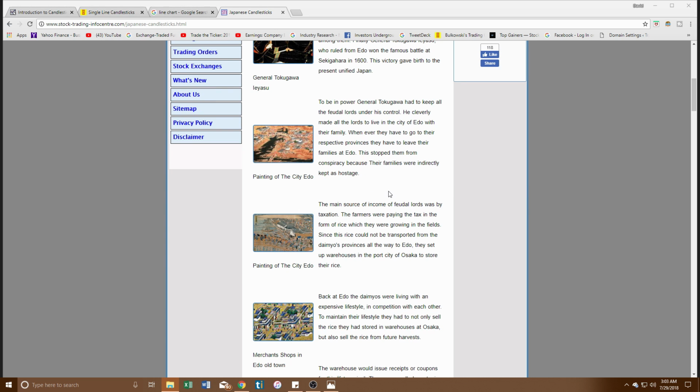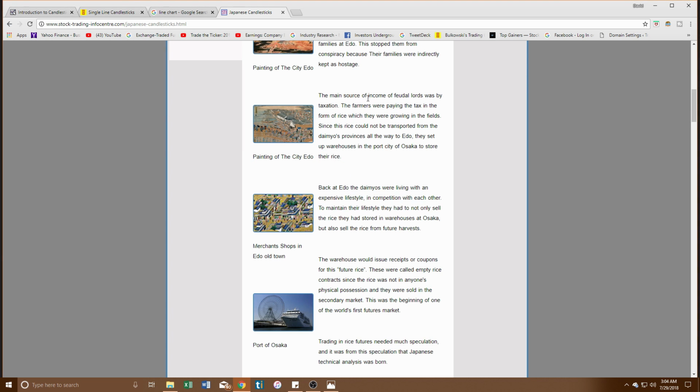To be in power, General Tokugawa had to keep all the feudal lords under his control. He cleverly made all the lords live in the city of Edo with their family, and even when they had to go to their respective provinces, they had to leave their families at Edo. This stopped them from conspiracy because their families were indirectly kept as hostage.